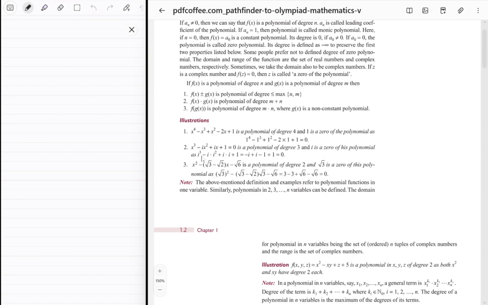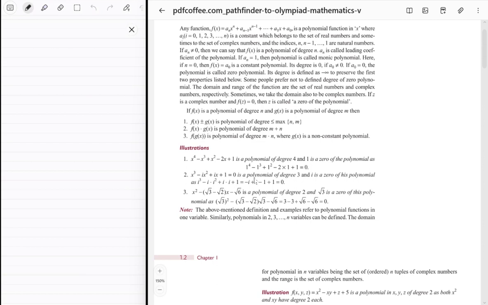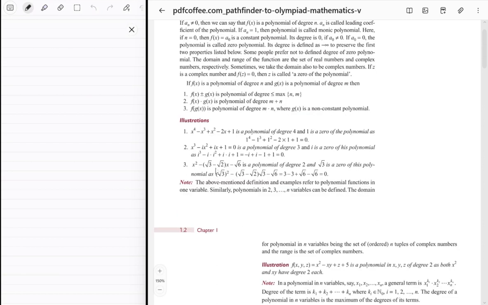Oh, they are already using complex numbers. Wow, I didn't think they would do that because I thought it's just the starting of this book. They already are using complex numbers. Wow, weird. Okay, what is this thing? x squared minus square root of 3 minus square root of 2 times x minus, yeah, it's a polynomial of degree 2 and square root 3 is a root of this polynomial. Okay.